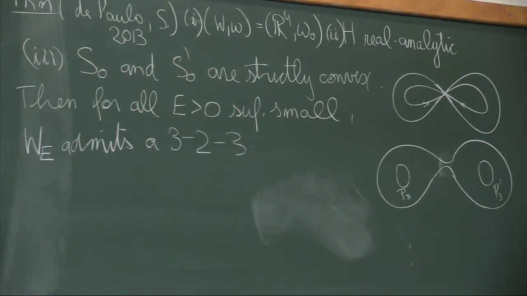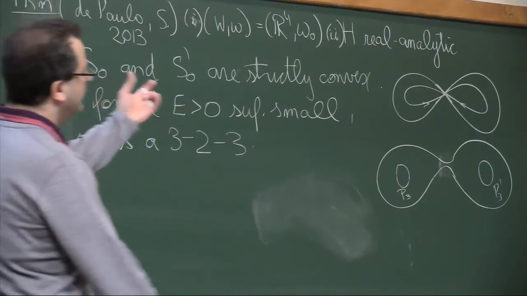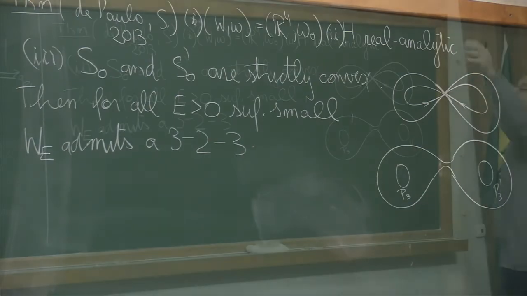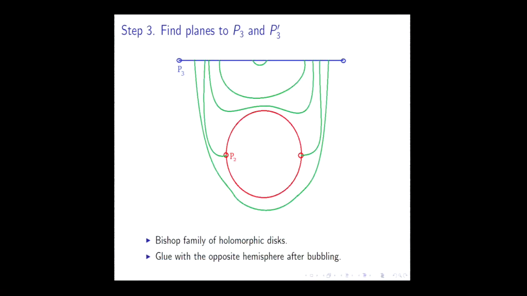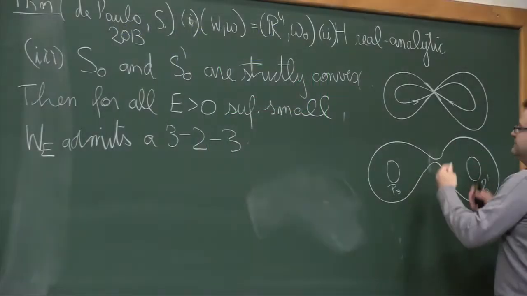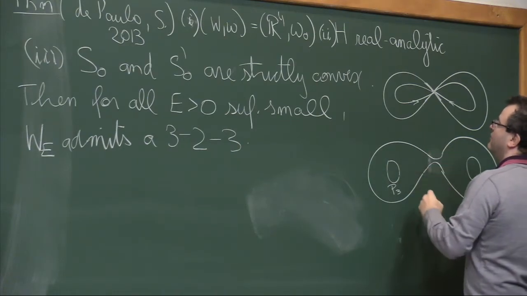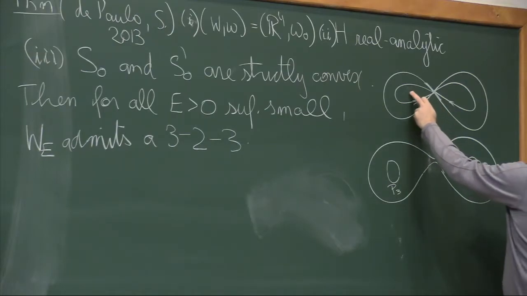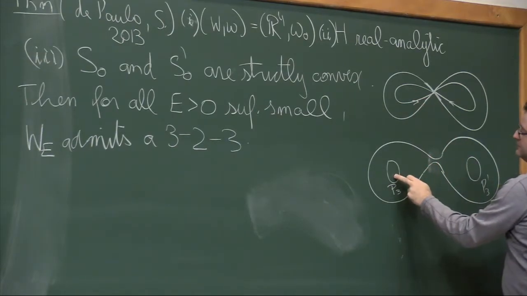But again, if this homoclinic really exists and it's hiding some bad orbits which would prevent that plane from existing, for energy slightly above 0, we can prove that these orbits should be linked to this one.